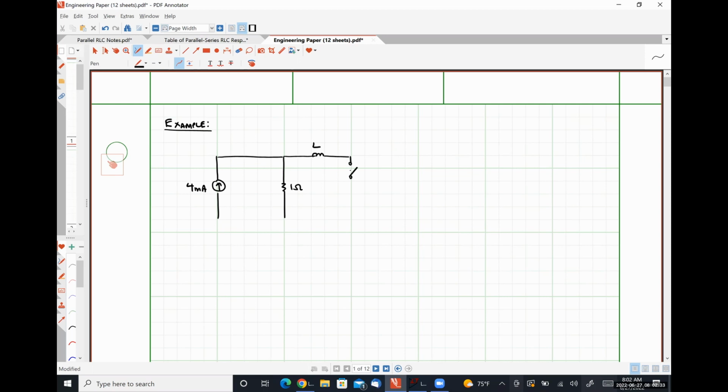Here we have a switch that is opening at t equals 0. We have another 1 ohm resistor down here, a 5 ohm resistor here, and a 1/2 farad capacitor here.